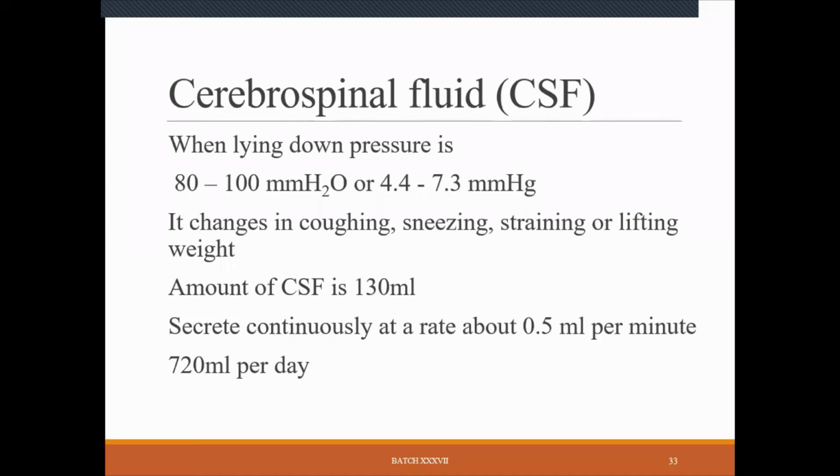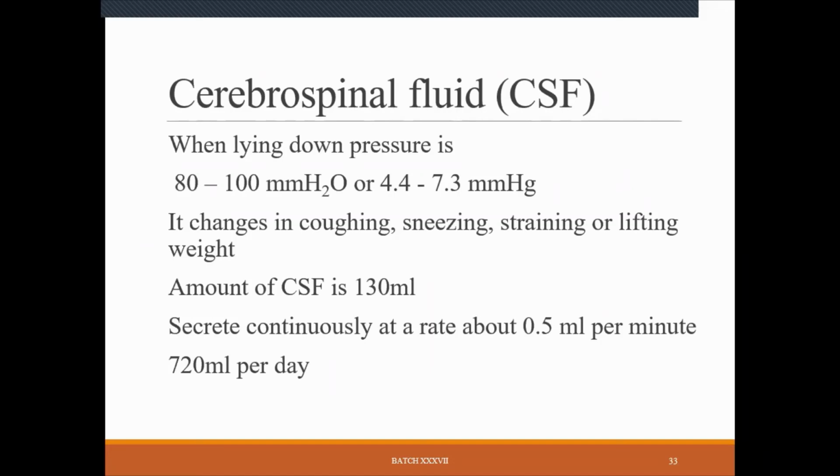And we have about 130 milliliters of cerebrospinal fluid. I told you that cerebrospinal fluid is secreted from the lateral ventricles in the brain, and it is secreted continuously at a rate of about 0.5 milliliters per minute.